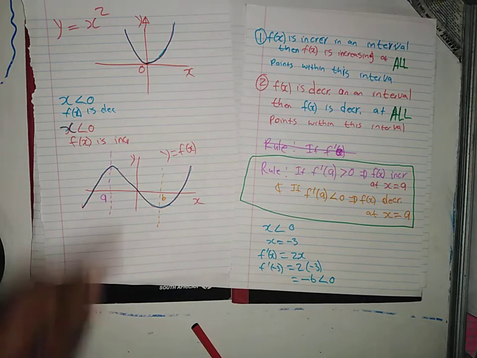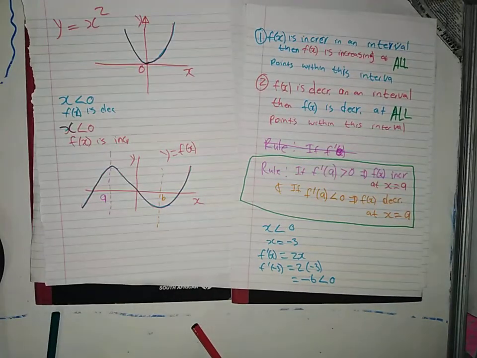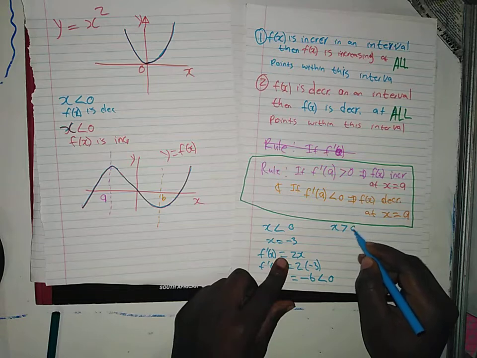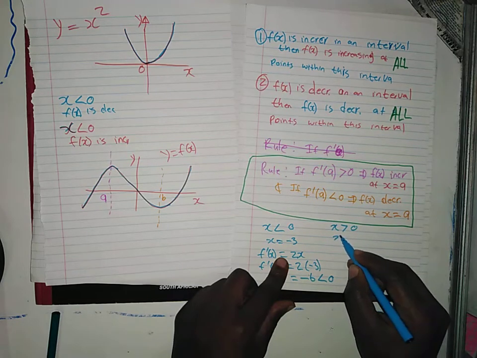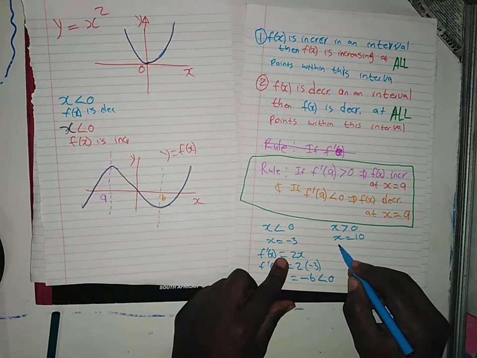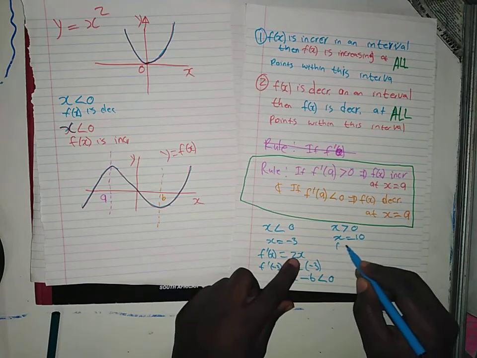Now let's pick another one here just to demonstrate this once and for all, and then close shop. We pick x greater than 0. Let's pick another value, say x equal to 10. Obviously, f prime at x, we already know is 2x.